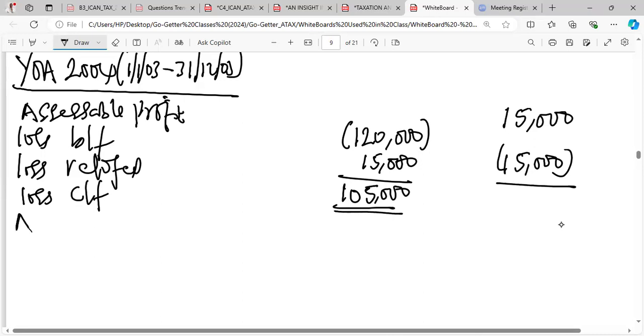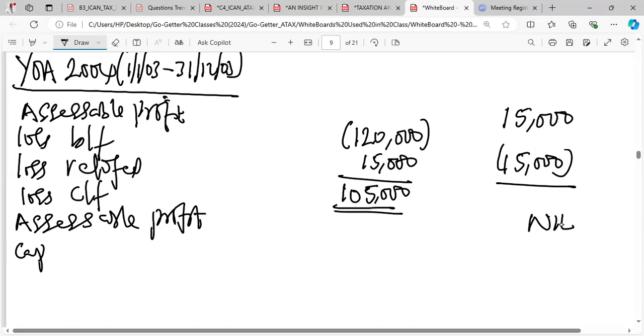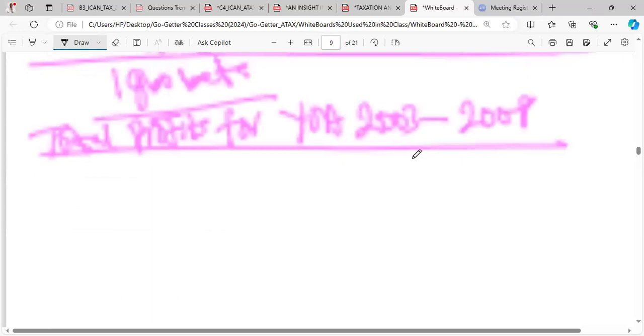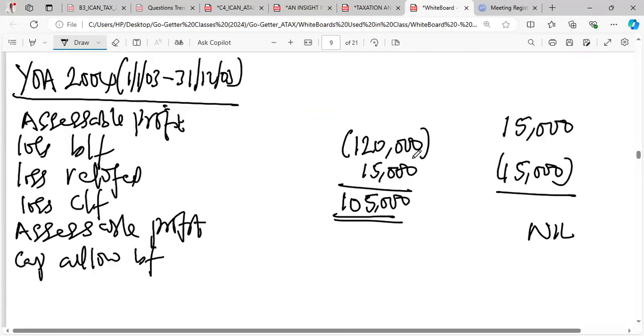So we have accessible profit. Now this is nil. Then you have capital allowance brought forward. The capital allowance brought forward was 14,000.